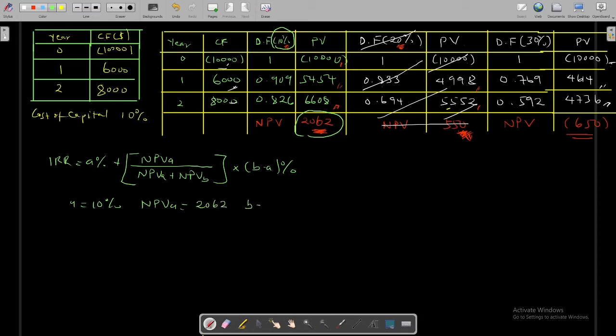Then B is the rate that we use, of which we got a negative NPV, and that rate is 30%, and the NPV of B is 650 minus.